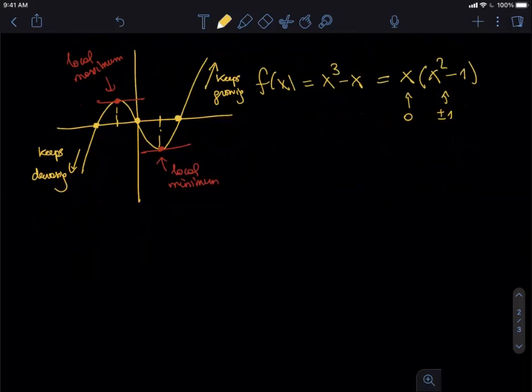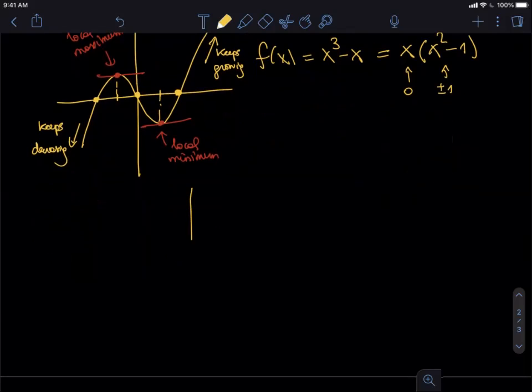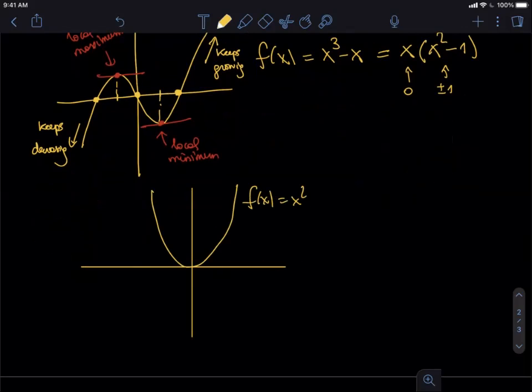Let me give more examples. So the easy ones, we could think about a parabola, right? A parabola open up. This one will have an absolute minimum at x equals 0, but no maximum.